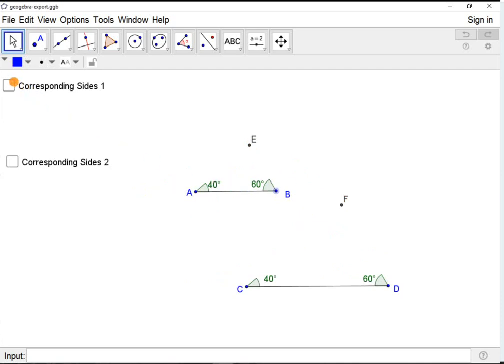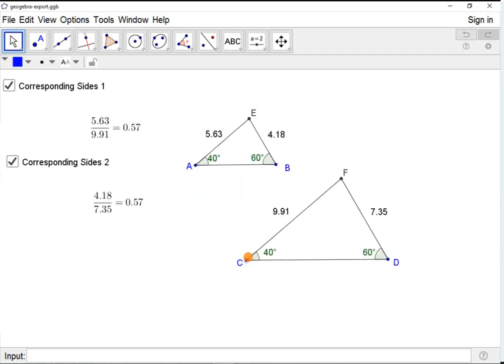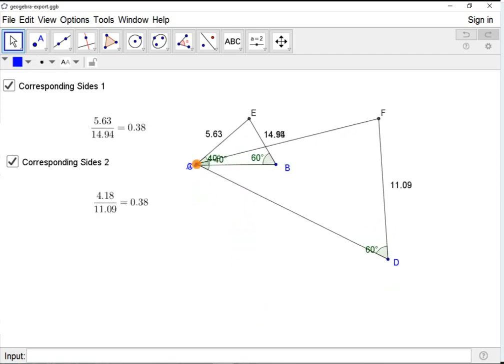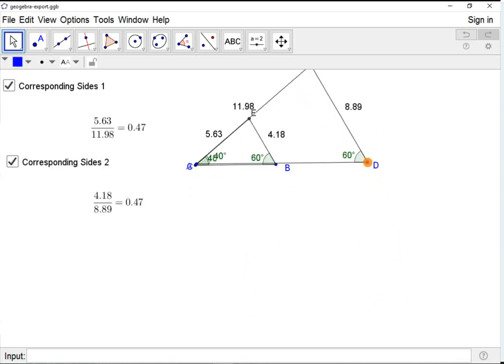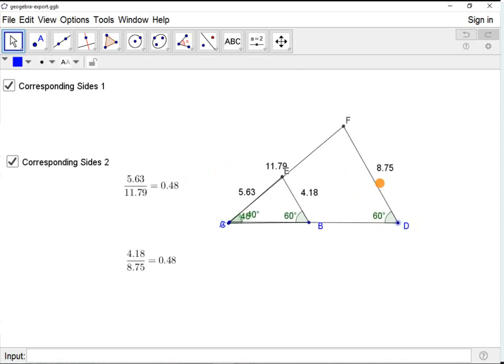Okay, so when I make those, does it guarantee congruence? I've got angle, angle, angle, right? But do we see that the distance right there is different than that one? So these two triangles have angle, angle, angle, but they're not the same, right?